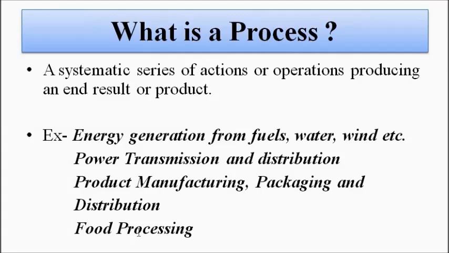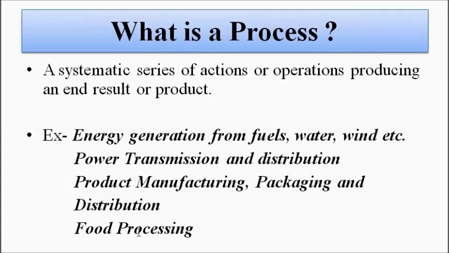Then food processing, the food processing industry, a lot of processed foods we get, starting from chips or any burgers, pizzas, whatever, the mechanized ones, which are not done by human beings directly, but with the help of machines.